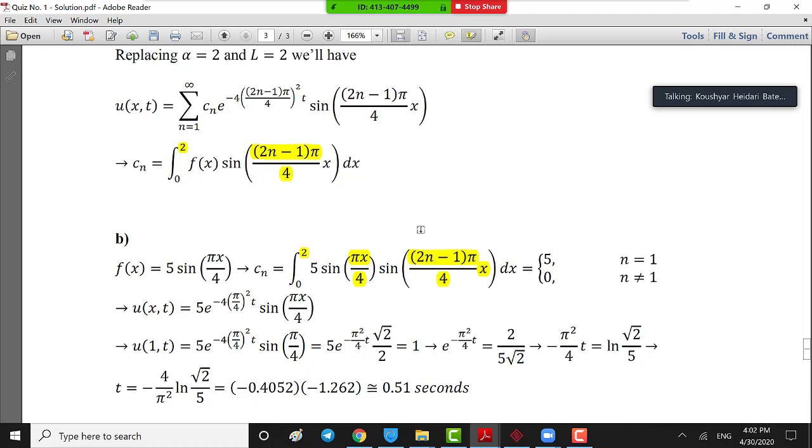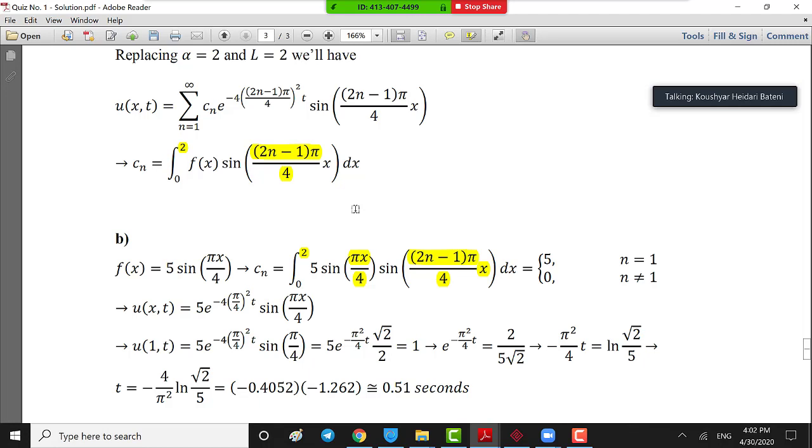Now, Muhammad Abdul Razzaq, go ahead. For all cases, the value should be the same. For example, the sine of pi over 4x, and another should be a sine of pi over 4x. No, for this, if we want to use that general formula that we had, you have to understand the concept. For example, if f of x was equal to x, then this stuff would be useless.